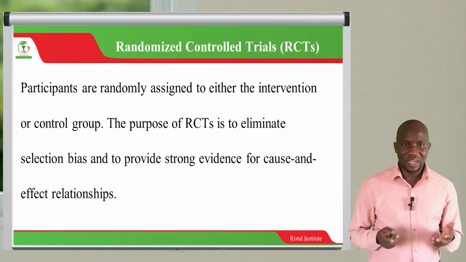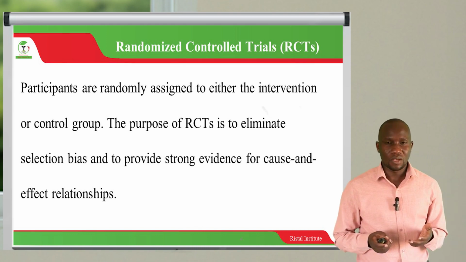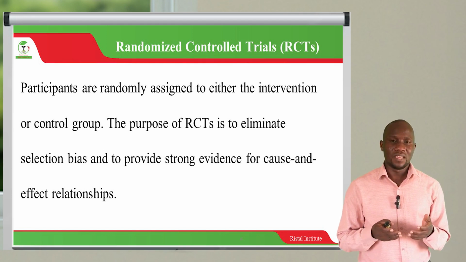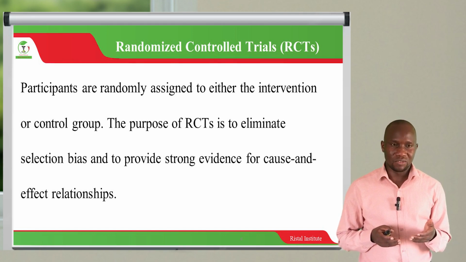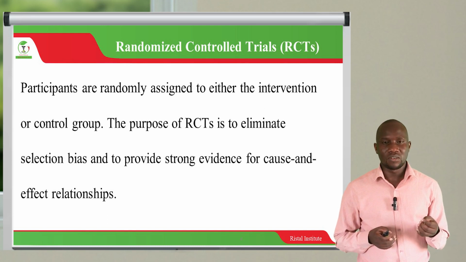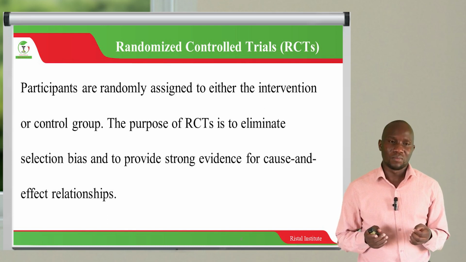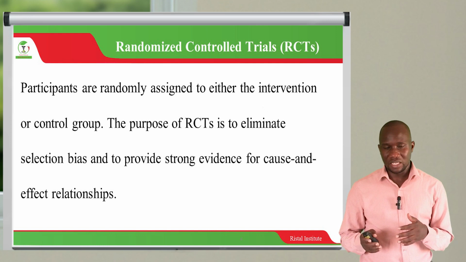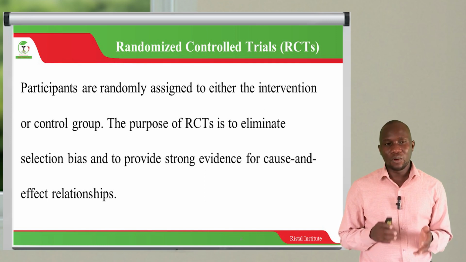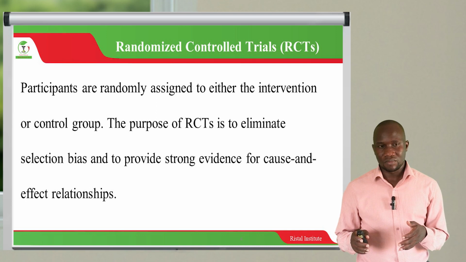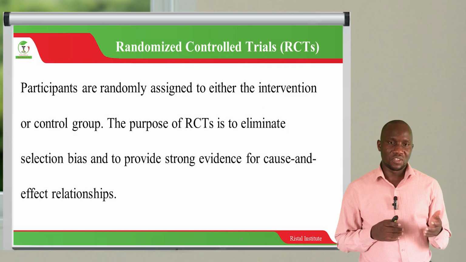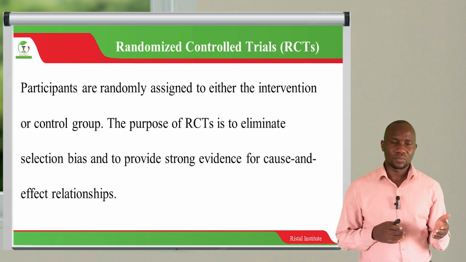When we talk about randomized control studies, we refer to those where the researcher assigns the group of participants to either the intervention group or the control group. Okay, the control group are those that do not get the treatment, or are those that get the placebo, and then the intervention group are those that will receive treatment or a particular intervention.